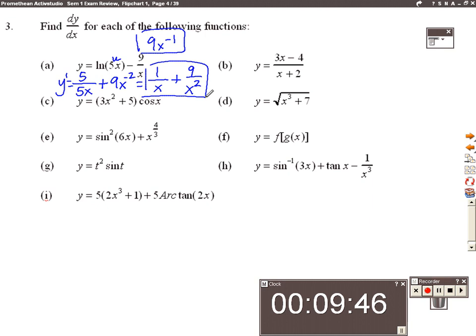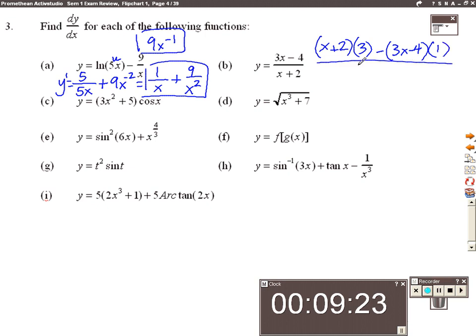Letter B, we have a quotient, and there's really not a whole lot we can do to change that, so we're going to have to use the quotient rule. Remember, the quotient rule is down, so that's the bottom function, d up, and so the derivative in the numerator is 3, minus up, that would be the factor in the numerator, d down, the derivative of the denominator is 1, over down, down.